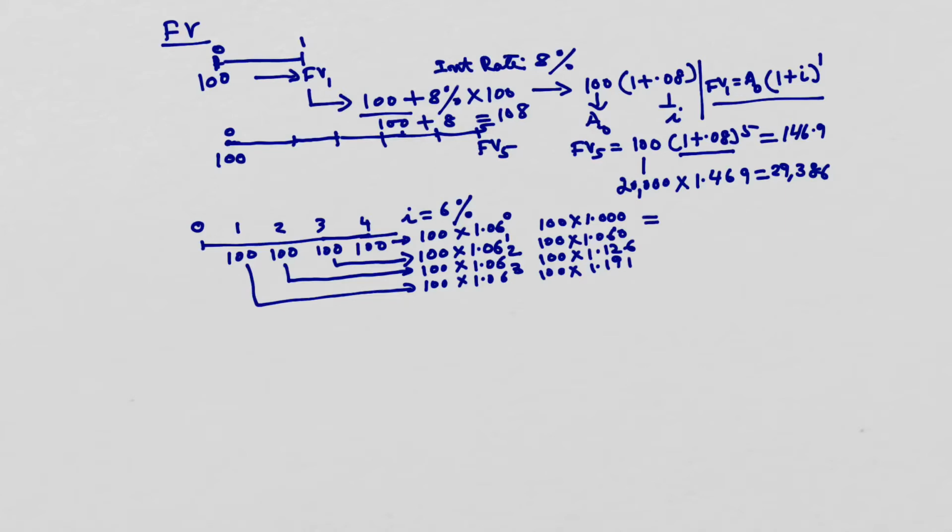So your future value today is what it is; there is no change because it's today. After 1 year this becomes 106, after 2 years this amount becomes 112.4, and this amount will be 119.1. If you total that, it's 437.5. So 100 rupees deposited each year for 4 years will accumulate to 437.5.